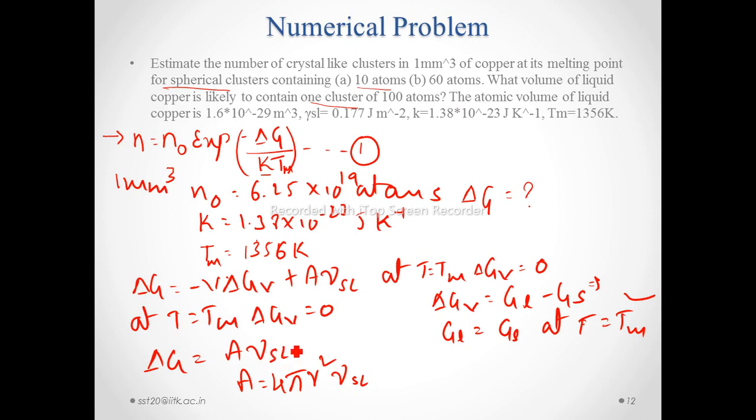And we know that gamma of SL is given here, and A is 4 pi r square because of the sphere. Okay.